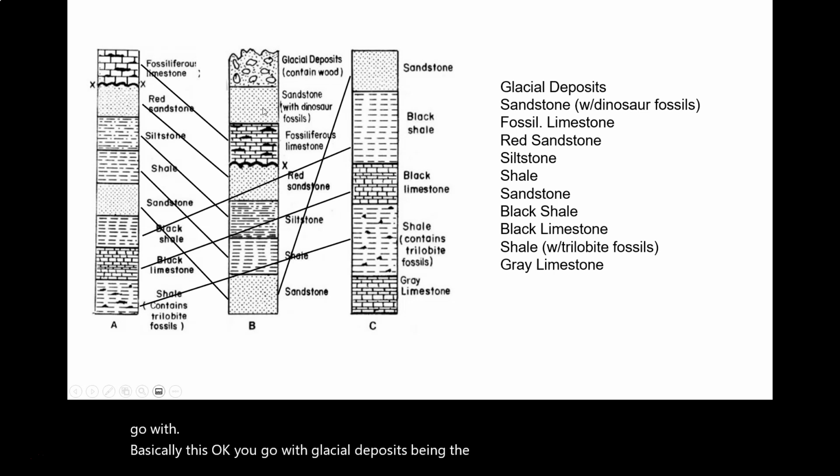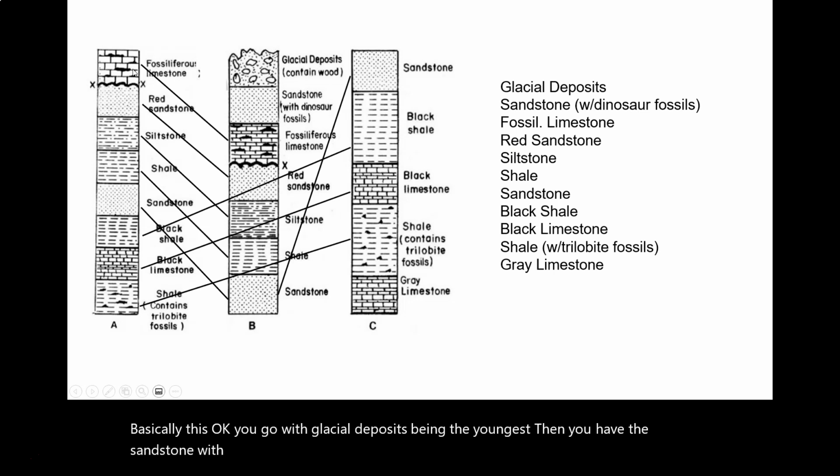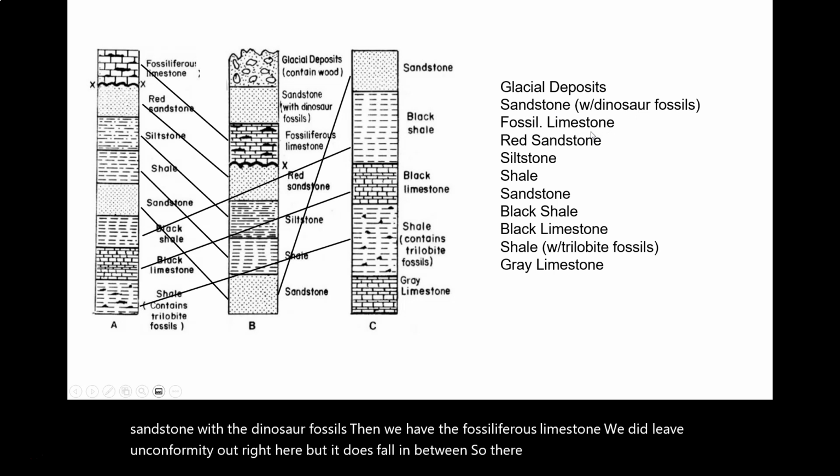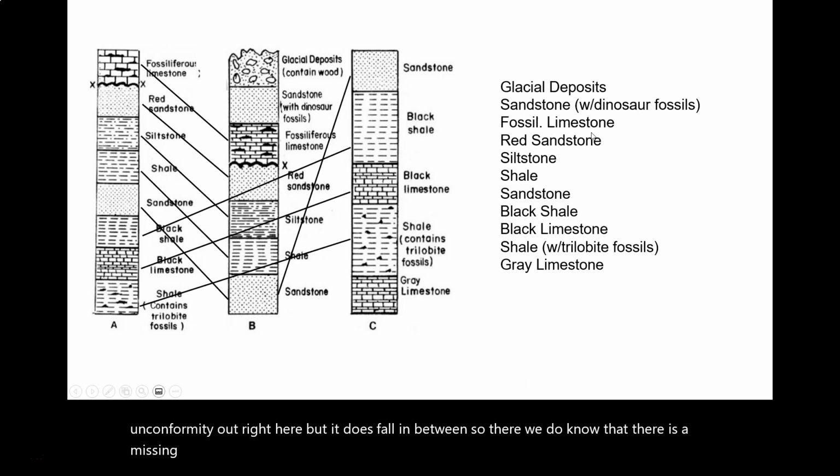Okay, you go with glacial deposits being the youngest. Then you have the sandstone with the dinosaur fossils. Then we have the fossiliferous limestone. We did leave unconformity out right here, but it does fall in between. So we do know that there is a missing rock layer right here. So we'd have to go to another location to figure that out, but that's not what we're doing right now.